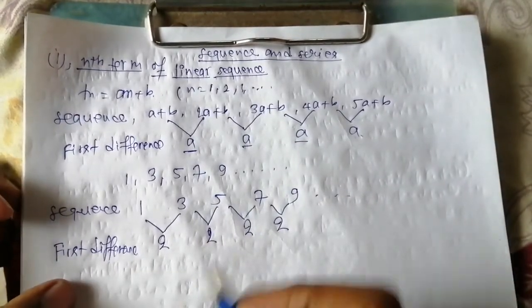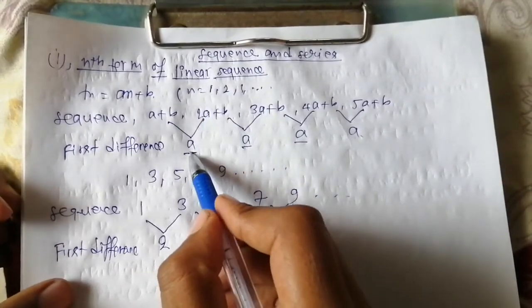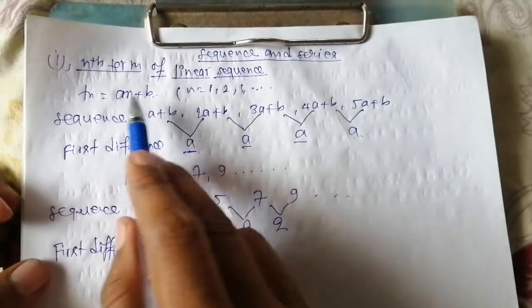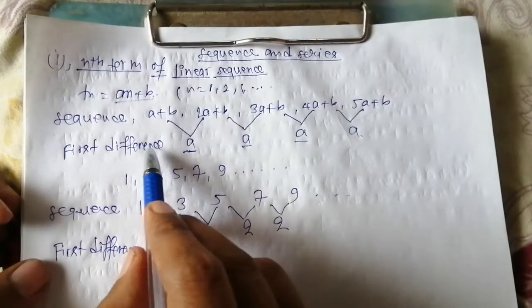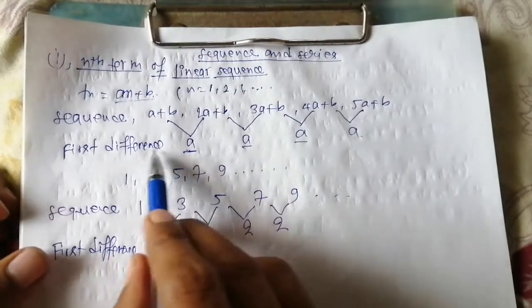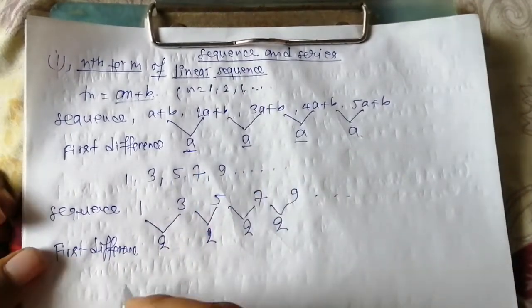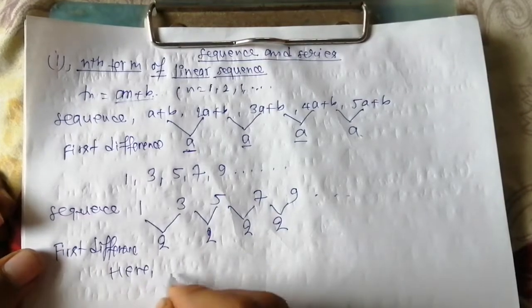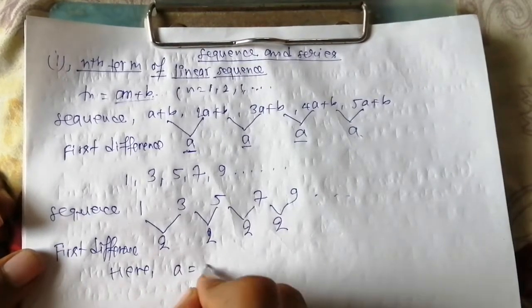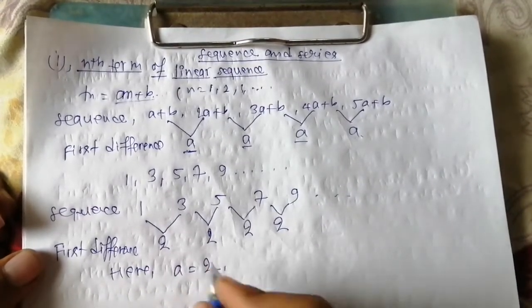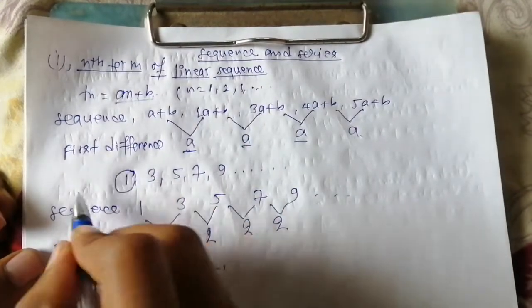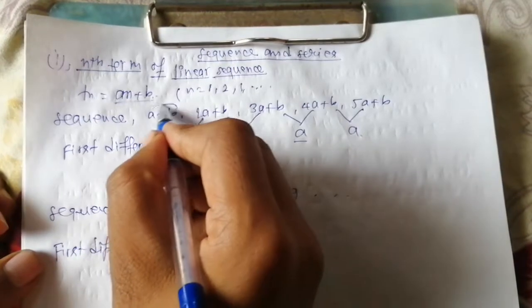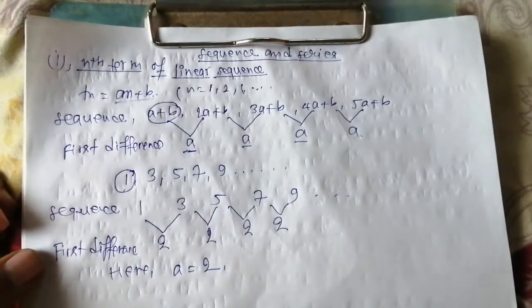So what will happen here? If we take an plus b, the common difference, or first difference, will be a. So here a can be directly written as 2. Now we have to find a plus b. What is the first term in this sequence? 1. And the first term in the general form is a plus b.